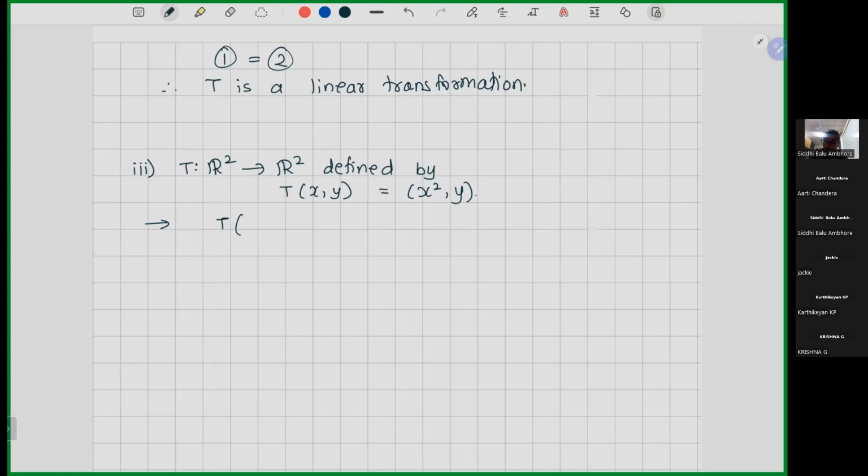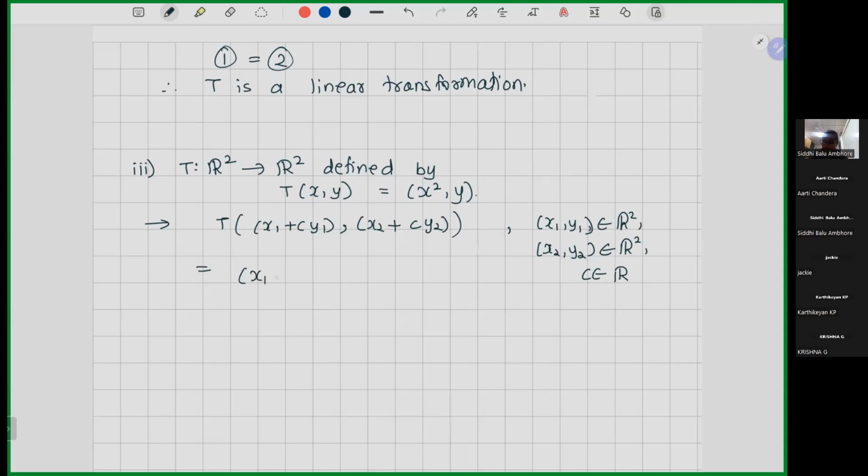I'm writing it directly: take (x1, y1) in R2, (x2, y2) in R2, and c in R, then c y1 comma x2 plus c y2, this will be what?